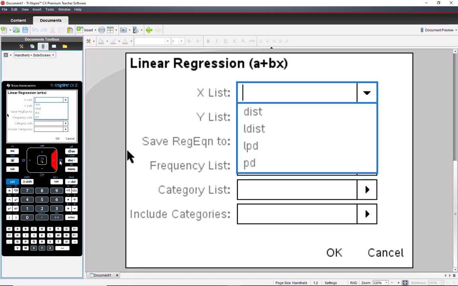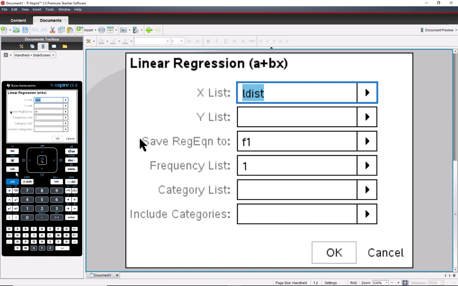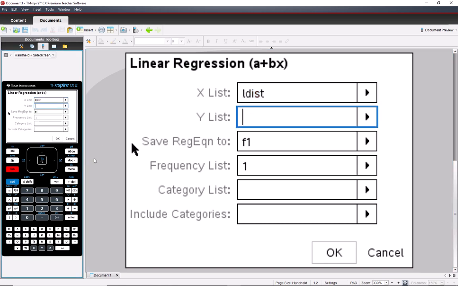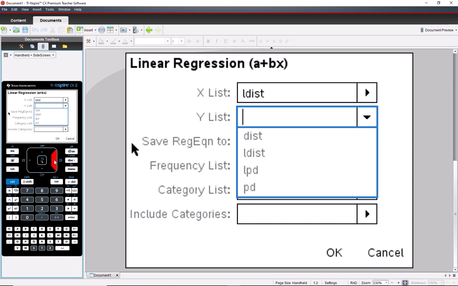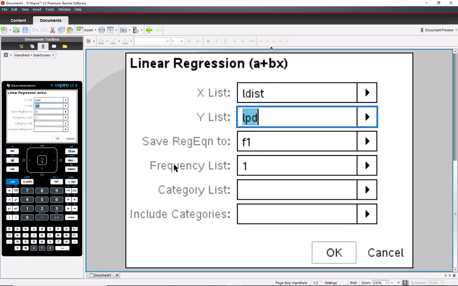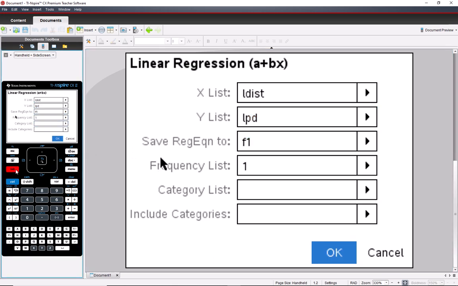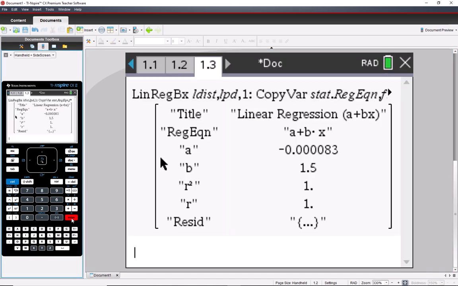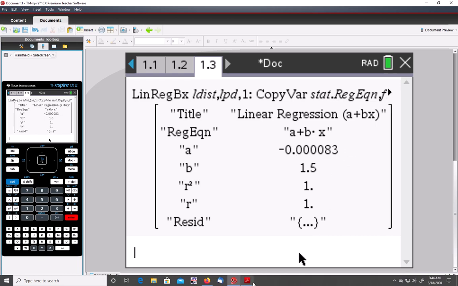All right, the input will be the log of the distance, and the output will be log of the period. And we'll keep this at F1 and 1, so tab down to OK. All right, look at r and r squared. Nearly perfect. All right, so here's A and here's B. So we can start recording.